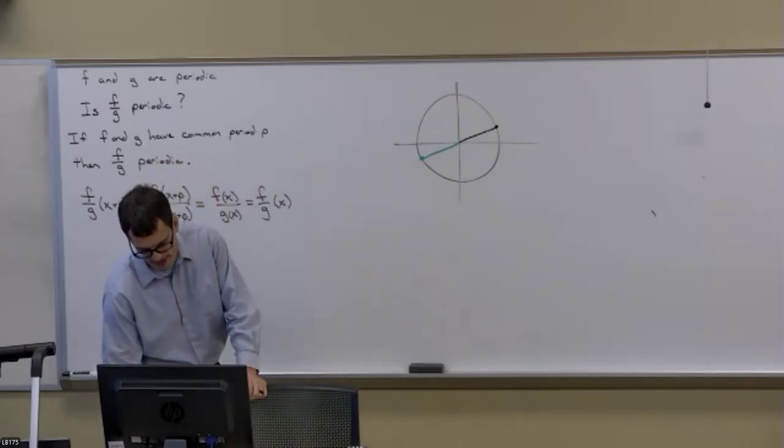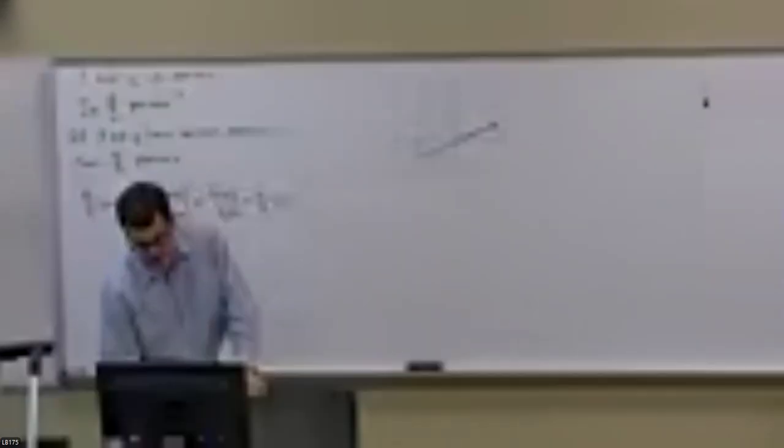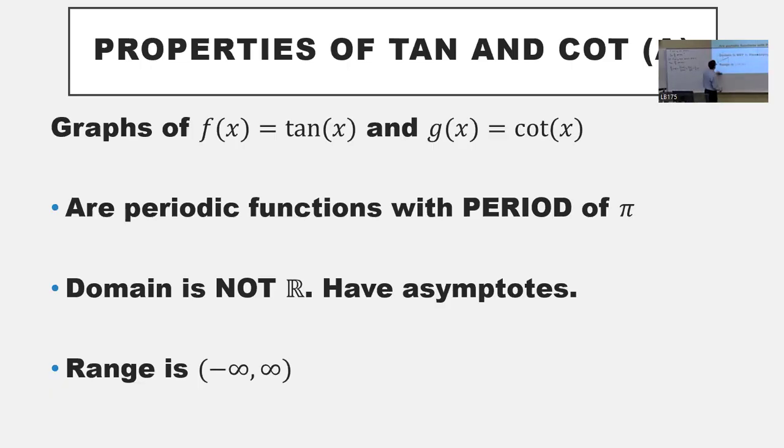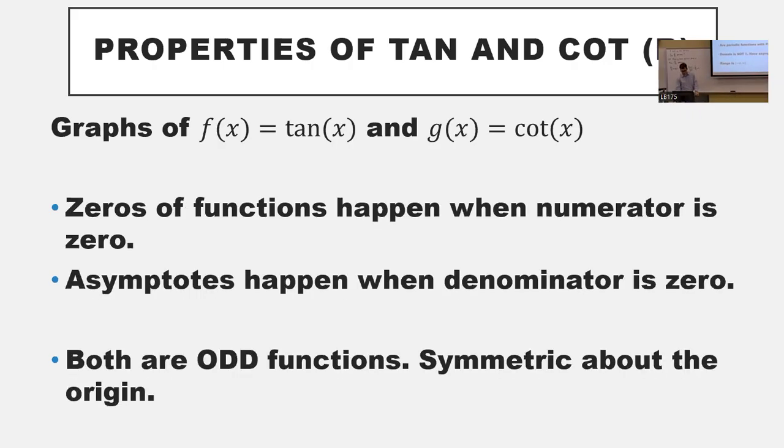Hopefully that makes sense. If it doesn't, that's all right. Just know that the period of tangent is pi, and it has to do with tracing around the unit circle. That is, the period for tangent and cotangent is pi.